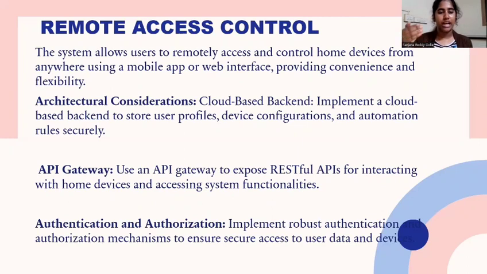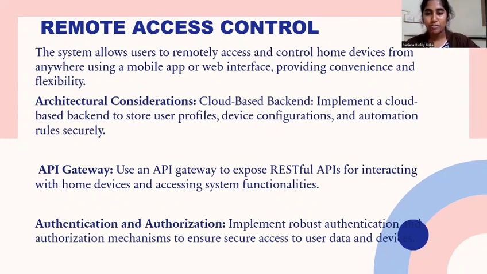So the architectural considerations involved in this remote access control are the cloud-based backend, API gateways, and authentication and authorization. It is really well planned: it has the remote access, it has security also, so you don't need to worry, and you have robust authentication and authorization mechanisms included also.